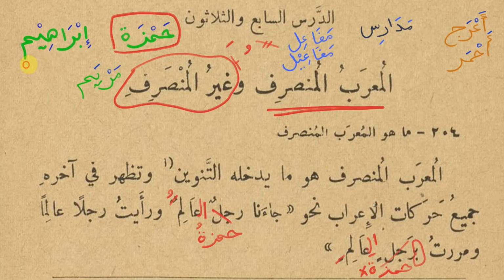Ibrahim here, same thing. It's a proper noun referring to a man. But it's not because it sounds feminine, it's because it's a foreign noun that is more than 3 letters. So any proper noun that's not Arabic in origin and is more than 3 letters also stops accepting the nunation, and you cannot lower the last letter with the kasra.